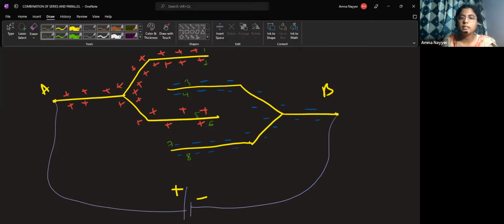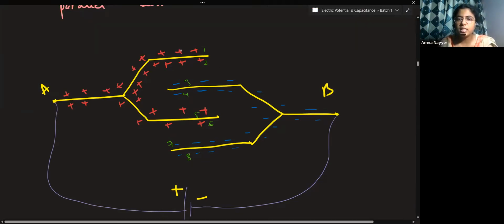Now look at it. This positive plate is in contact with nothing, so it won't make a capacitor. The positive second plate is in contact with the third negative plate. Let's say the separation is D; this forms a capacitor.